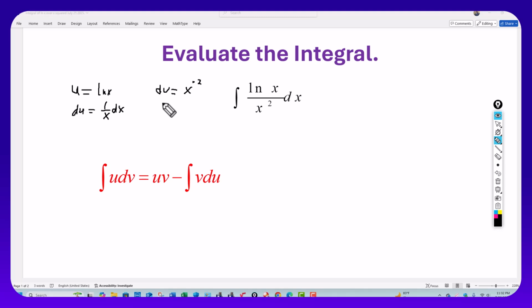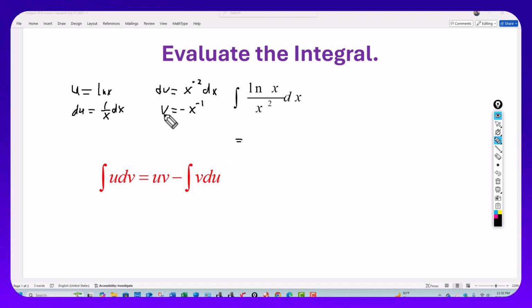Then we take the integral. On the left, with respect to u, will give me a v. On the right, with respect to x, add 1 to the negative 2 will be negative 1. And then divide the coefficient by a negative 1 will give me a negative. And this should be a dx here. And now we're set to plug it into this formula here.